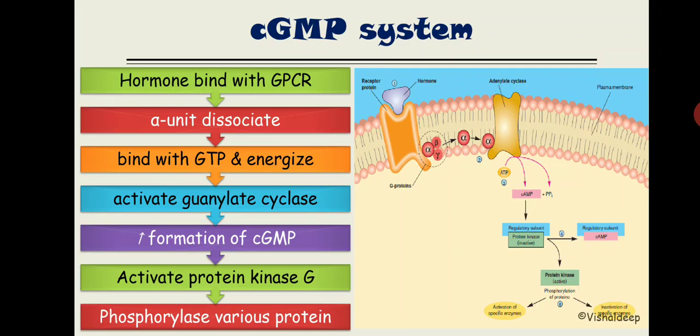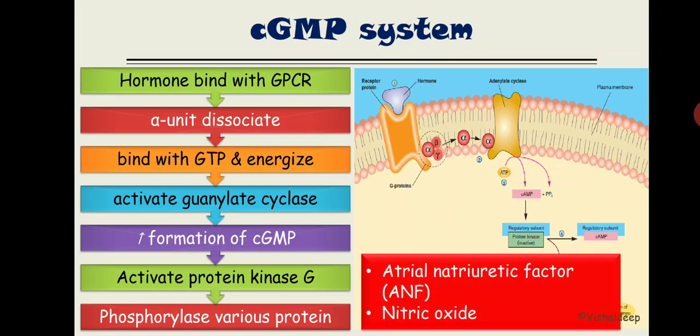And there are two hormones that you need to remember which use this cyclic GMP system. They are the atrial natriuretic factor and nitric oxide, ANF and NO. You may be thinking that I do not show the hormones that use the cyclic AMP system and the IP3 DAG system.